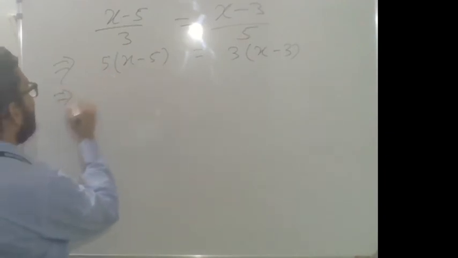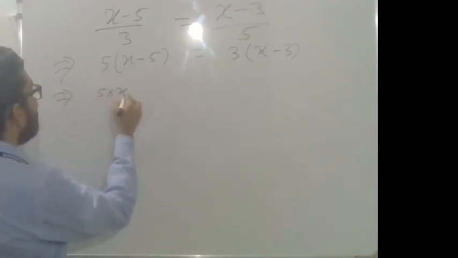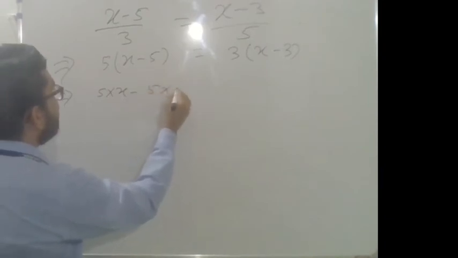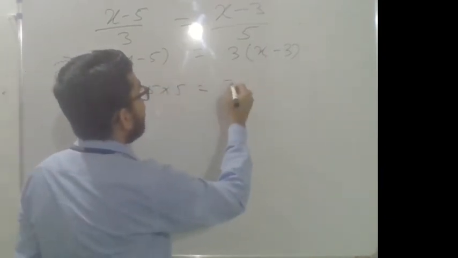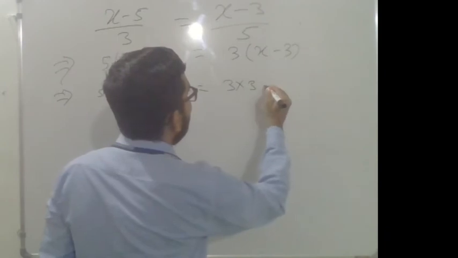Now break the brackets: 5 into x minus 5 into 5, and 3 into x minus 3 into 3.